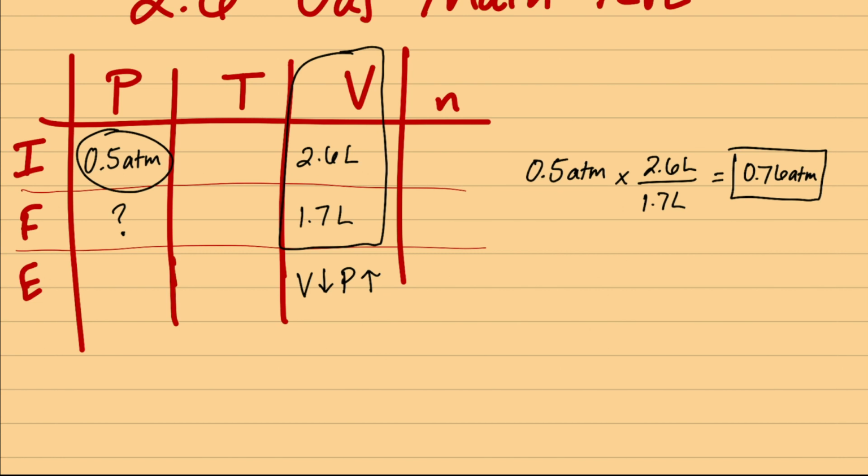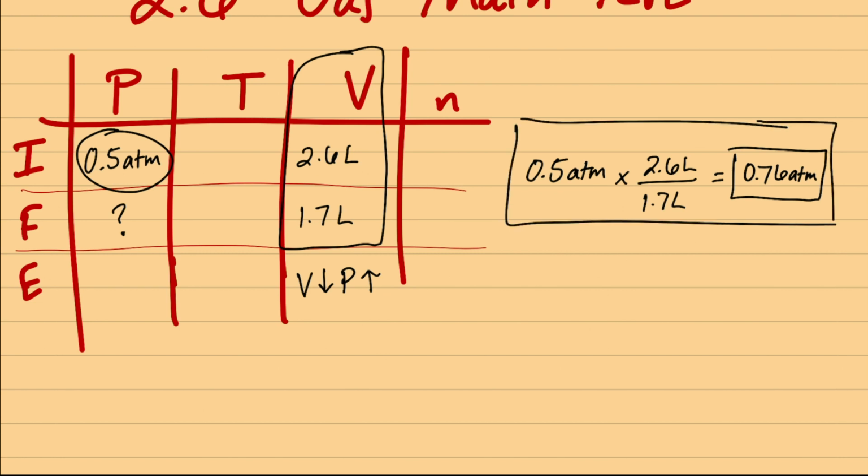If you don't get that same number the first time, you need to practice using your calculator, or you need to come in and see me and practice with me working with your calculator. Okay, so there we go. That's how we do this question.